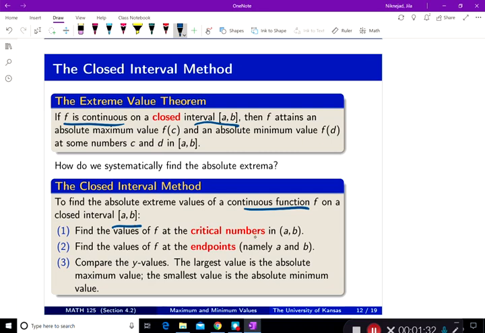First, you find the critical numbers in A and B. Then you evaluate f at those critical numbers. Then you evaluate f at the endpoints, namely A and B here. Then you compare: whichever is the biggest is the absolute max, whichever is the smallest is the absolute min.